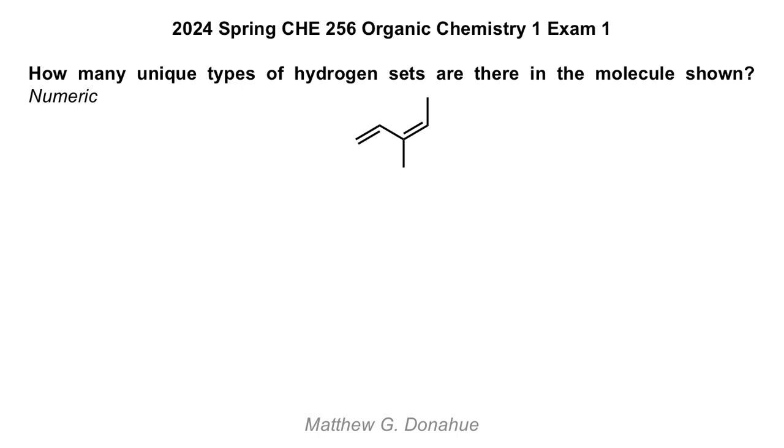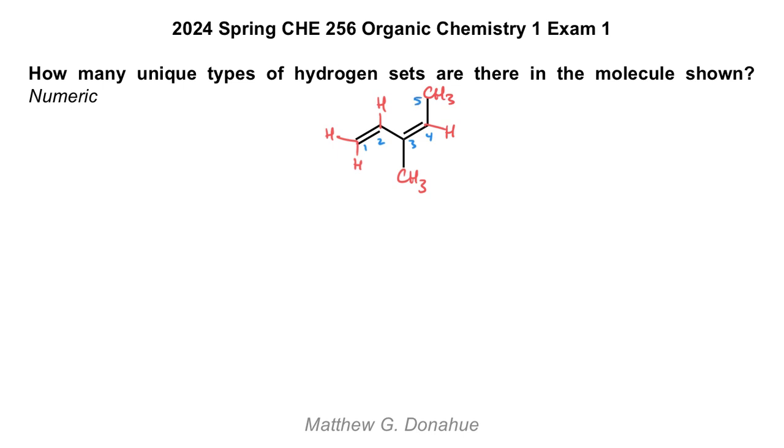Question 2 asks how many unique hydrogen sets are there in the molecule shown. And so just go ahead and draw in your hydrogens. The thing you have to consider here is that the hydrogens on carbon 1 are both different because they have different relationships to the hydrogen on carbon 2.